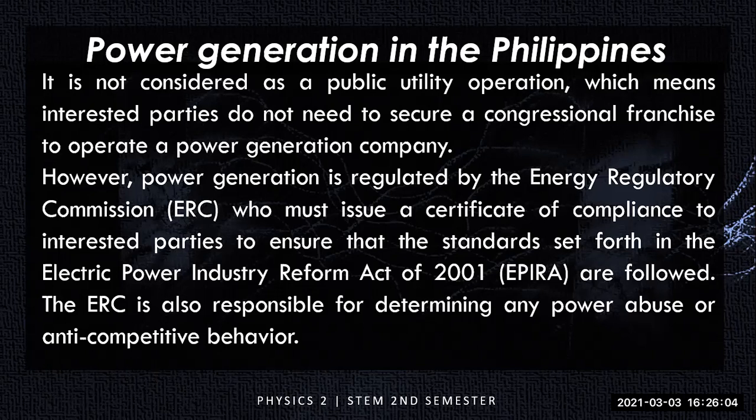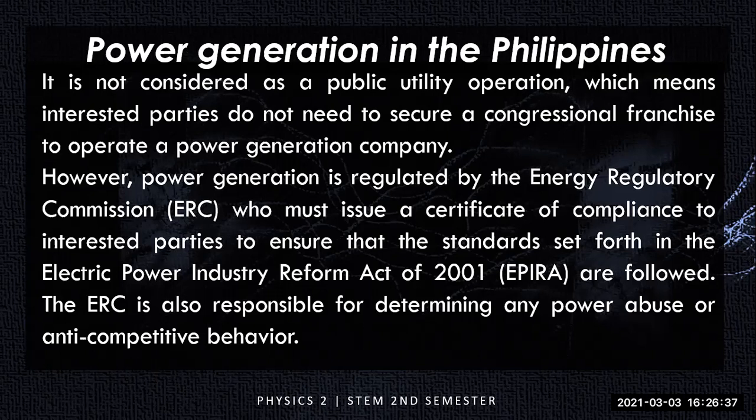However, since that is a utility, meaning it's a need for modern society, there's a regulatory body that handles such kind of private sector in the Philippines, specifically in power generation, which is also known as the Energy Regulatory Commission. They're the ones that issue a certificate of compliance to interested parties to ensure that the standards set forth in the Electric Power Industry Reform Act of 2001, also known as EPIRA, are followed.